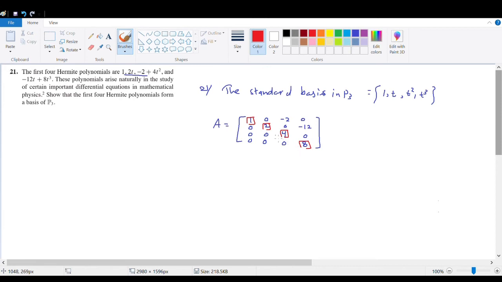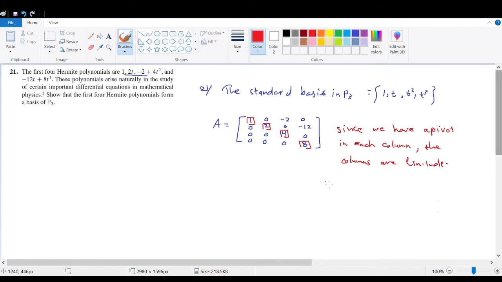So from here we conclude that these columns are linearly independent, and so these Hermite polynomials are linearly independent in P3. Since we have a pivot in each column, the columns are linearly independent.